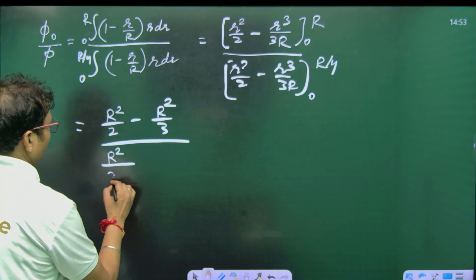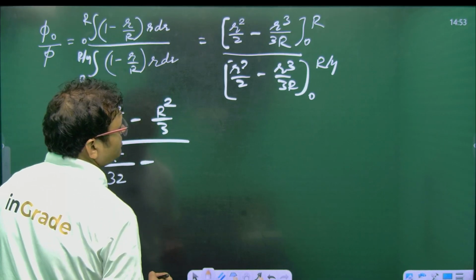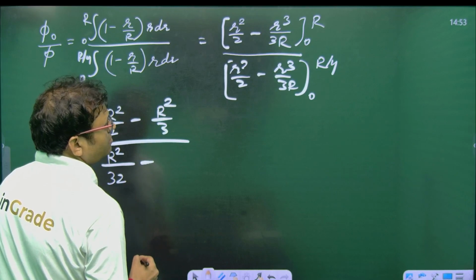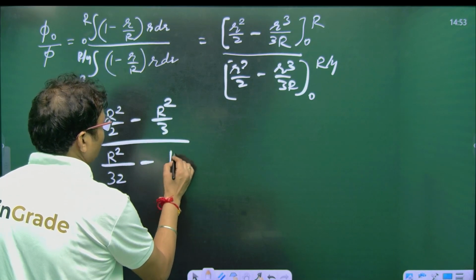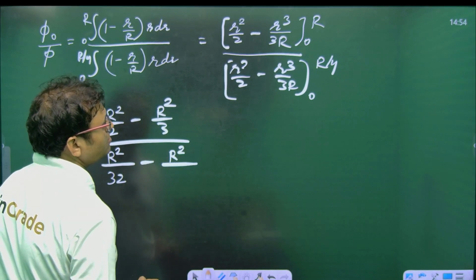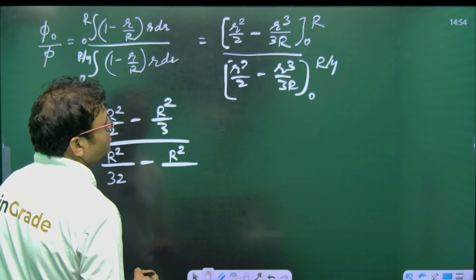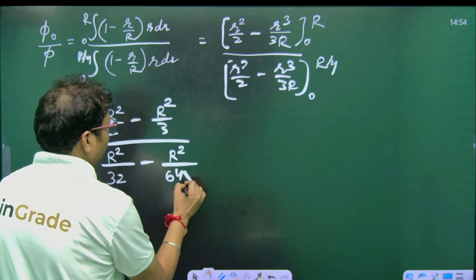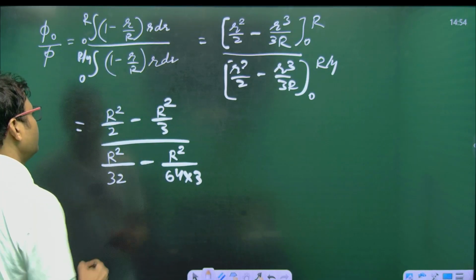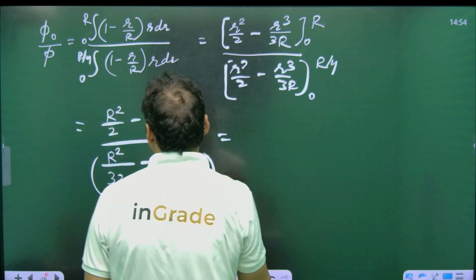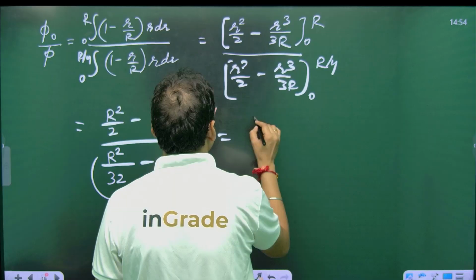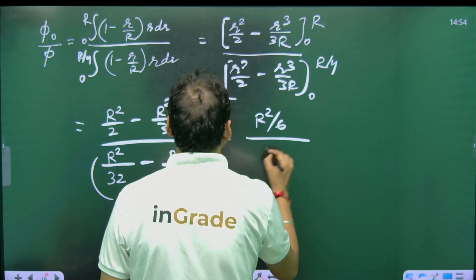So it is R square by 32 minus R square by 64 into 3, isn't it? So the numerator is R square by 6.